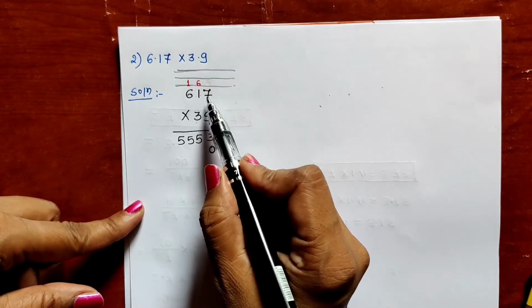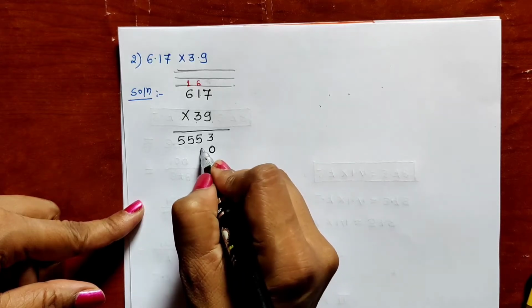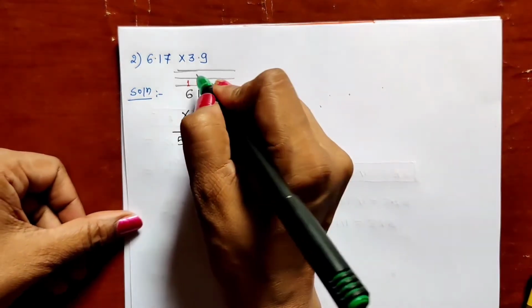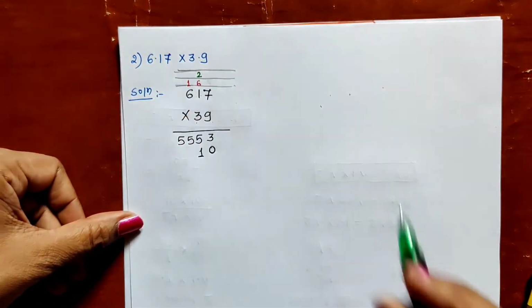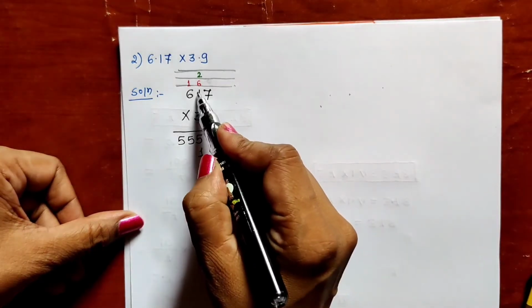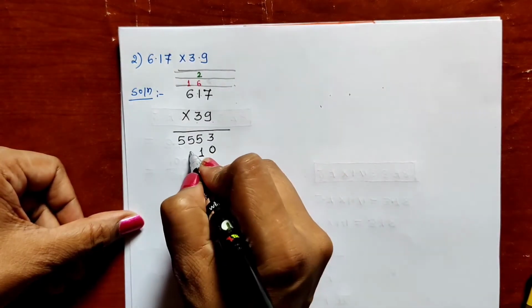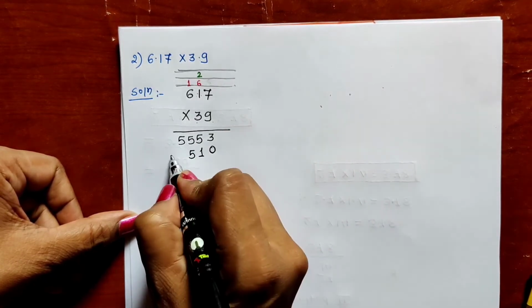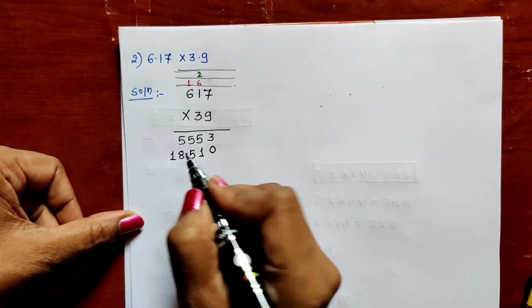Now 3 sevens are 21. 1 written and 2 carrying. So this 2 carrying I write here. Okay. Now 3 ones are 3. 3 plus 2, 5. 3 sixes are 18.